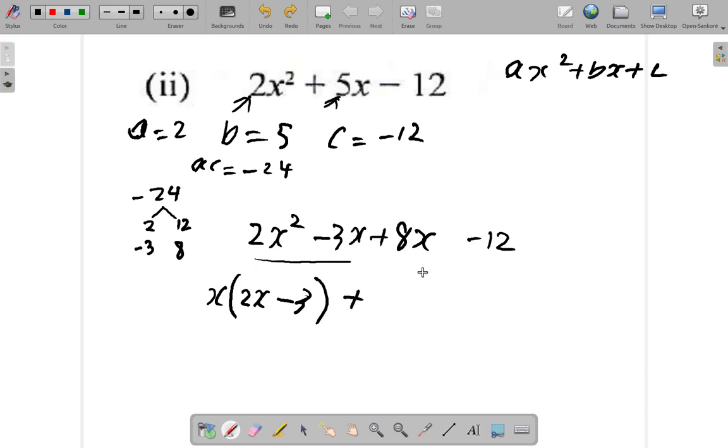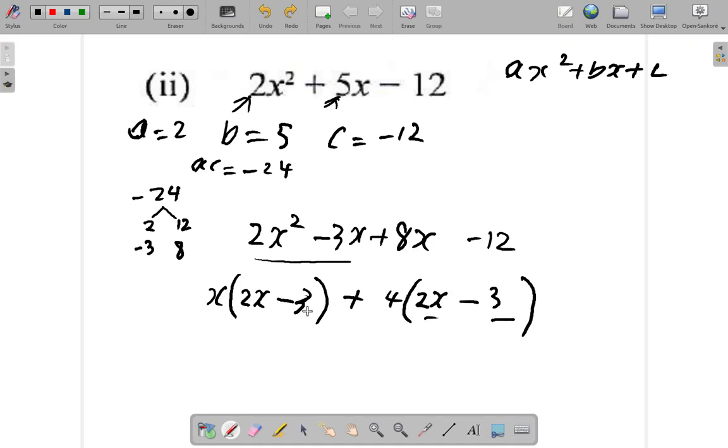Alright, plus the common factor here is what? 4. 4 times this number you're going to write here is 8x. 4 by 2 is 8, so it's 2 and x here. Minus 4 times this number you're going to write here is negative 12. 4 times 3 gives you 12. So 4 times negative 3 is negative 12.